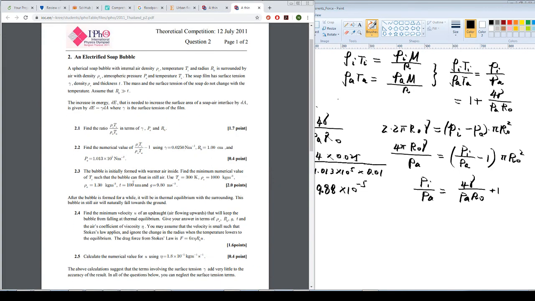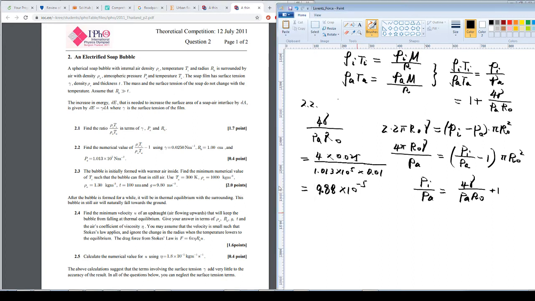Okay, the bubble is initially formed with warmer air inside. Find the minimum numerical value such that the bubble can float in still air. So basically, there has to be a certain density relationship.